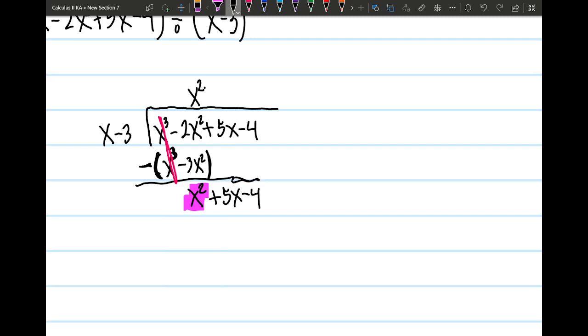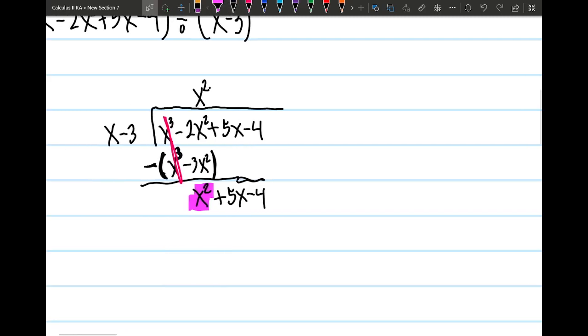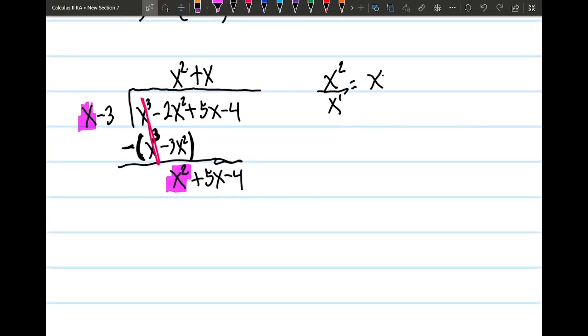So when I do x squared over x, using laws of exponents, we know that this is going to be x. So we would put a plus x here. So it would be x times x minus 3, right?